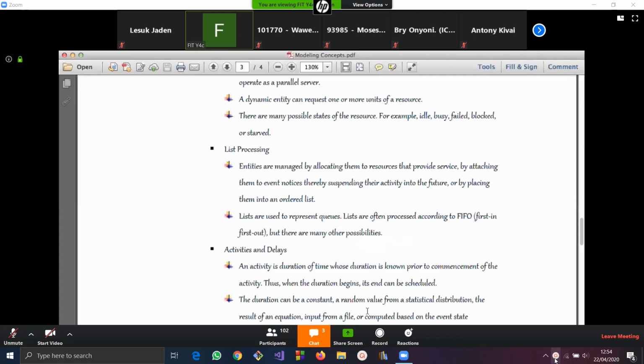In that case, you are talking about variant activities. That's why we say duration can be a constant, a random value from a statistical distribution, the result of an equation, input from a file, or computed based on the event. So, if you reflect on algorithm analysis, you talk about constant algorithms. A constant algorithm has what we call constant time, meaning that the time is always the same.